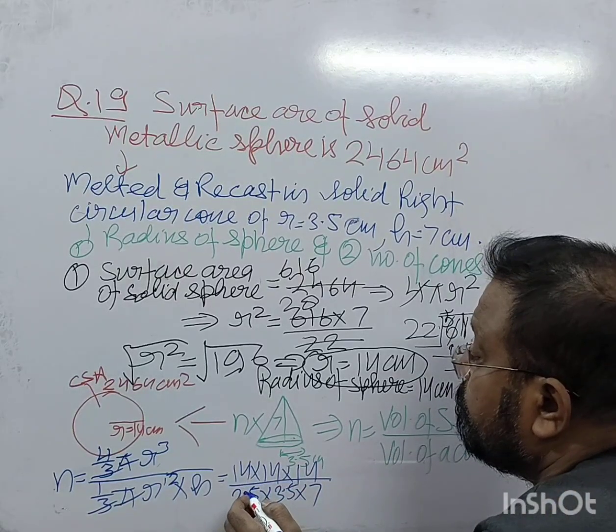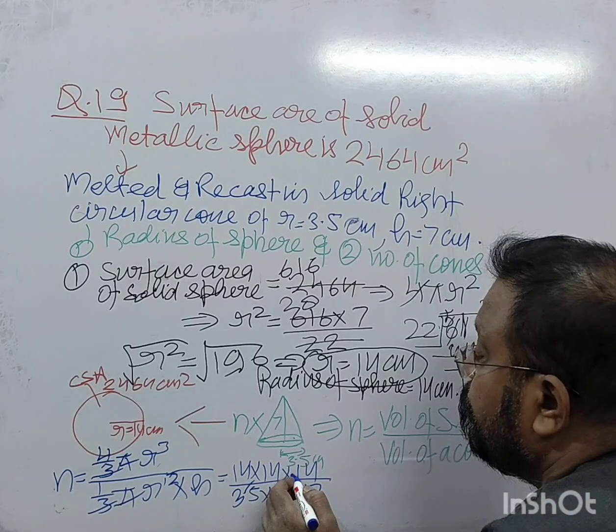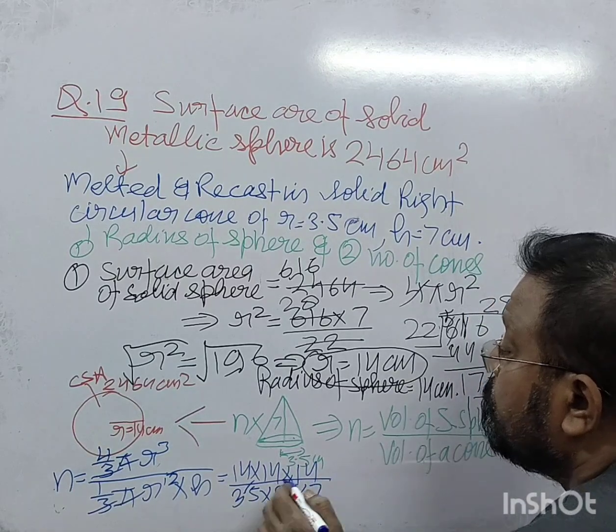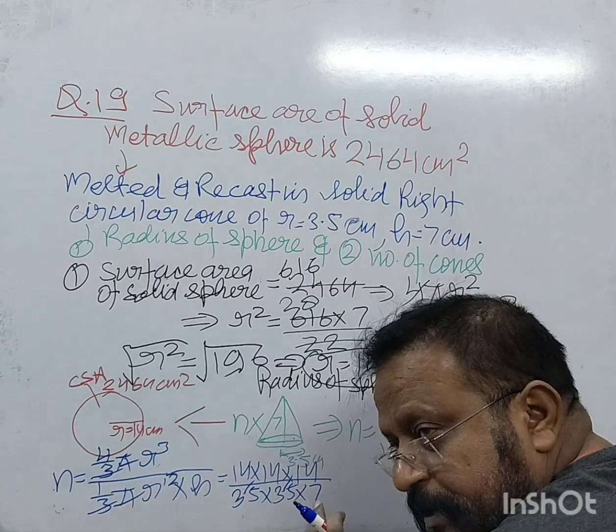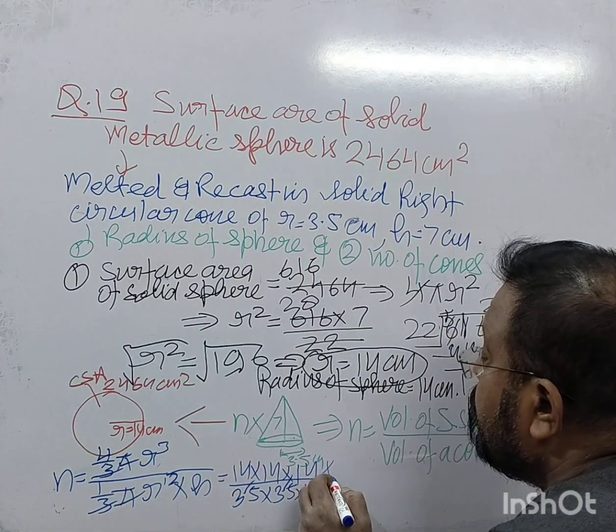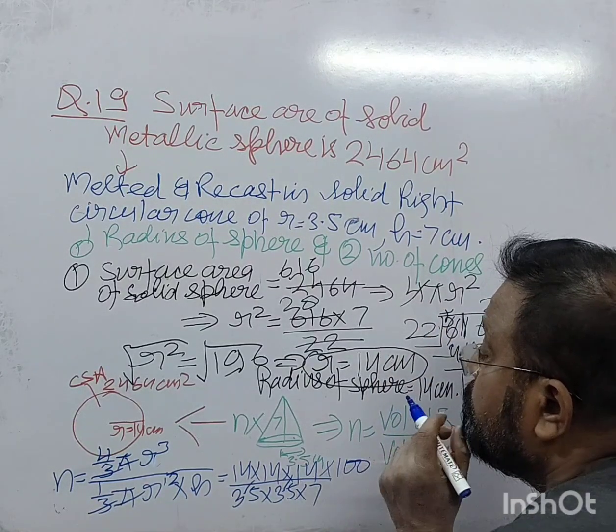So how much will this be? Remove the decimals: two digits after the decimal, one each, so you multiply by 100.